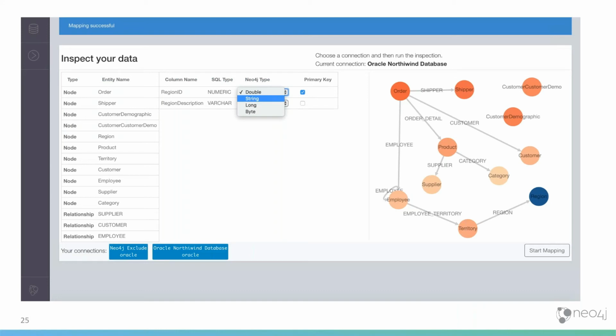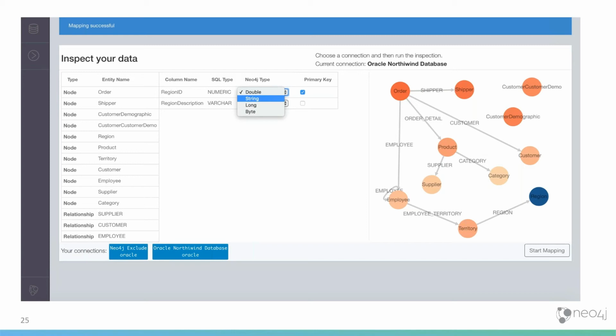So here's what the Neo4j ETL interface looks like. You can evaluate the metadata about the schema of the relational database on the left hand side, inspecting that, and then start to assign what its particular nodes are, and also what tables it's related to, like supplier, customer, employee, when you're going to import this information.